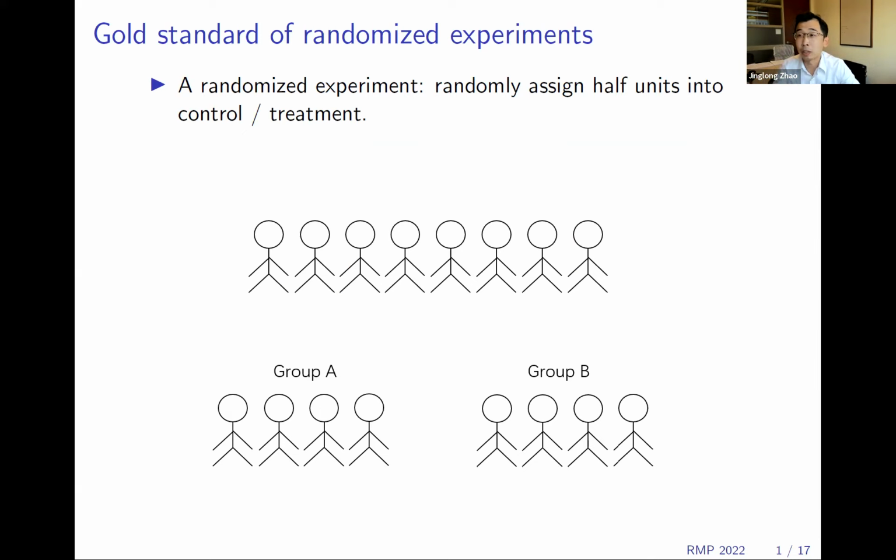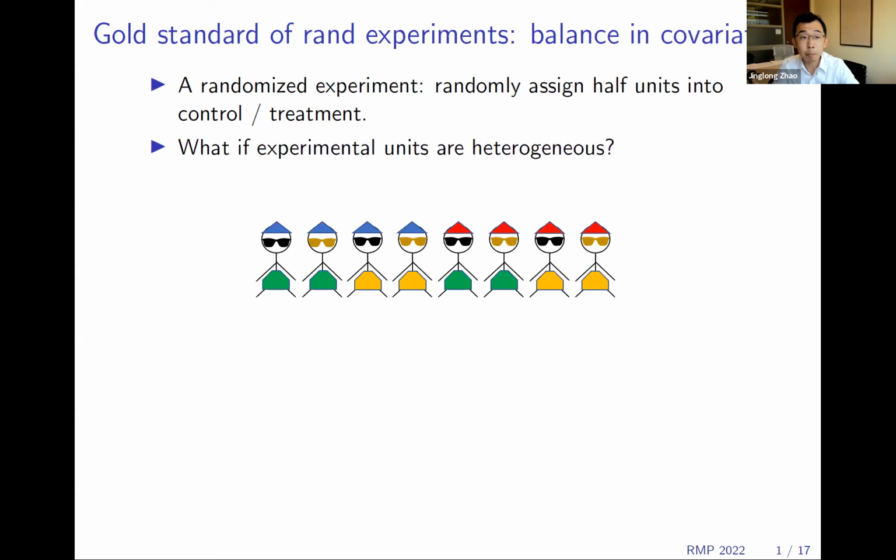Everybody would like to do this, and that has been widely adopted in practice and widely studied in the literature. So when we're running experiments, one challenge that we usually face is that the experimental units are typically heterogeneous. Think of the following example.